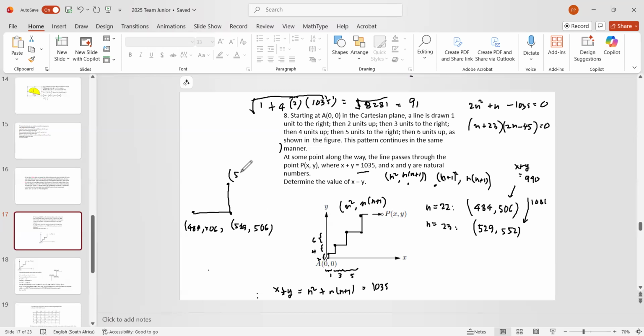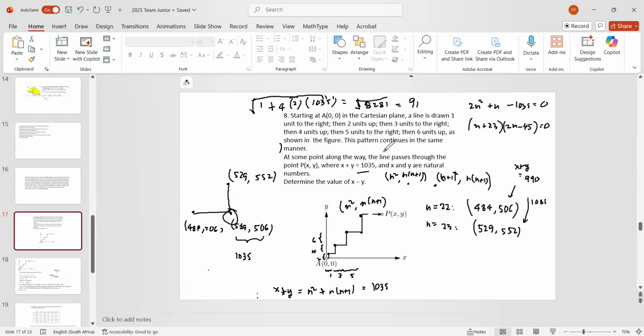The x coordinate is still 529, but the y coordinate is 23 times 24. That's the one, you get 552. This didn't work, but this one here, when you add the two, you get 1035. So this is the point that we're looking for.